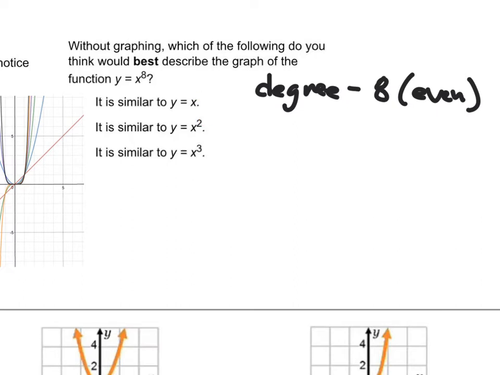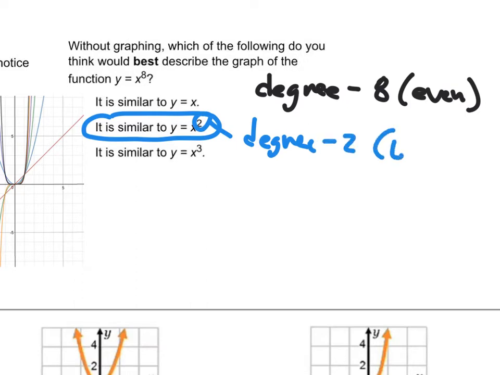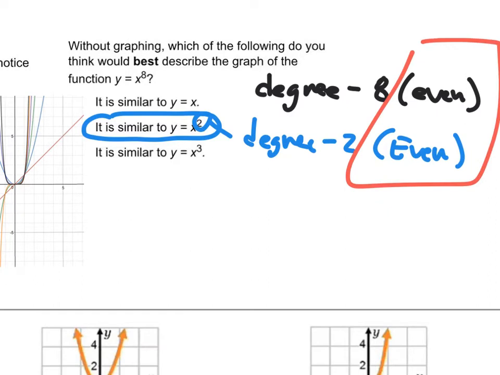It wouldn't behave like y equals x or y equals x cubed. It'd behave more like x squared because the degree here is 2, which is even. That's the key, that they're both even. The degrees are even, so they behave the same way. They're not going to be the same, but the behavior is the same.